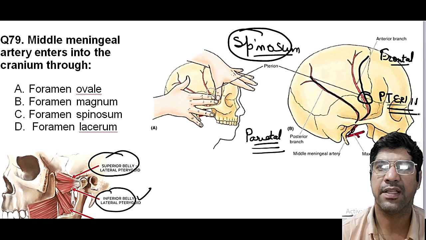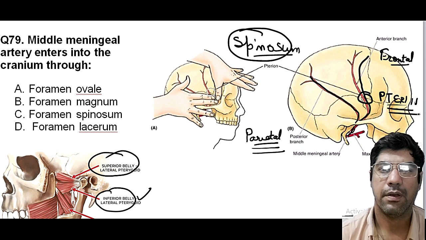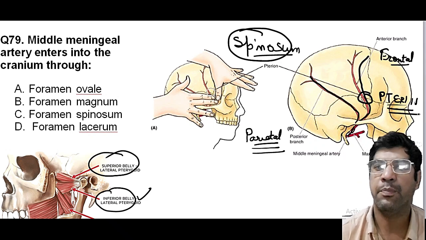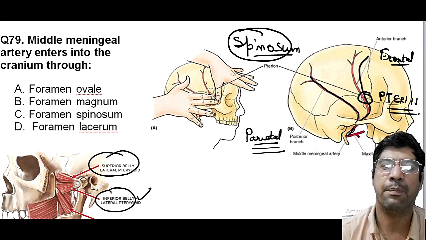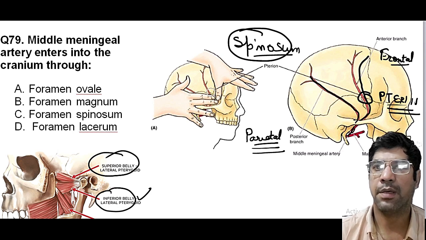After that it moves upward and backward. Along with that, it comes close to an important area, the motor area of the brain that controls movement.